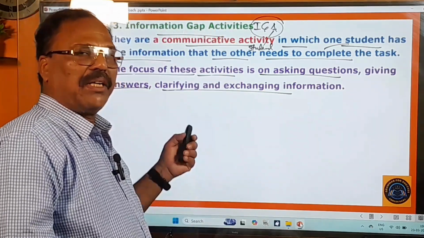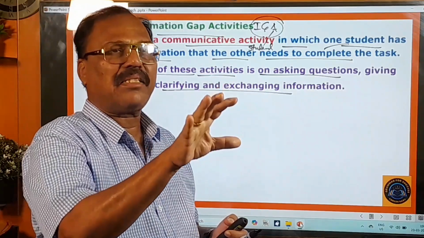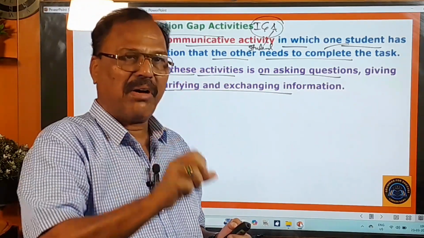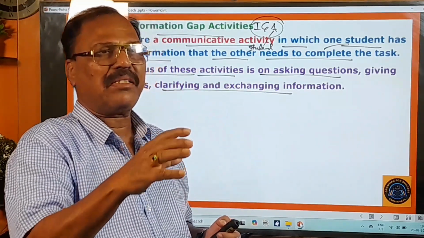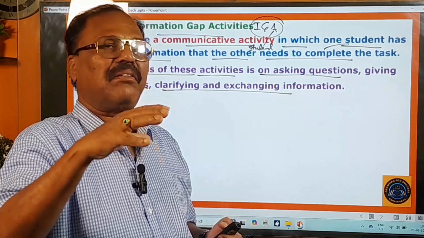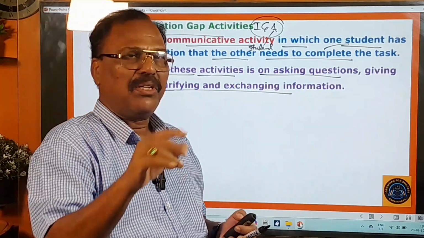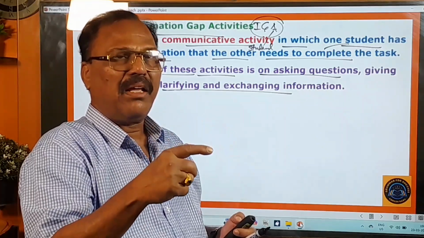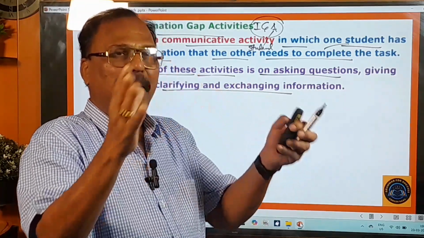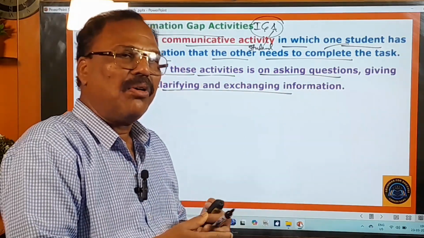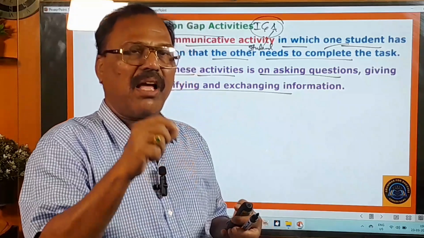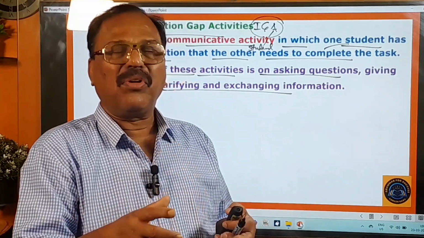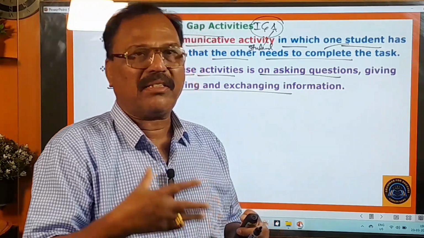One example I would like to give you here. Student A has a map with certain landmarks. Student B has different landmarks on his map. So in this way, student A and student B both have different maps. Now the main task of this activity is to give and follow directions to complete the task.